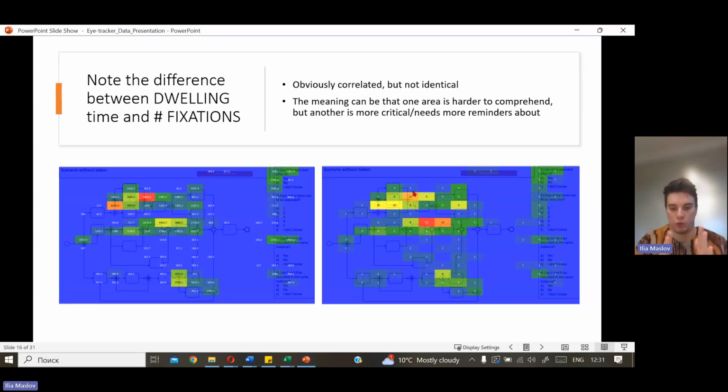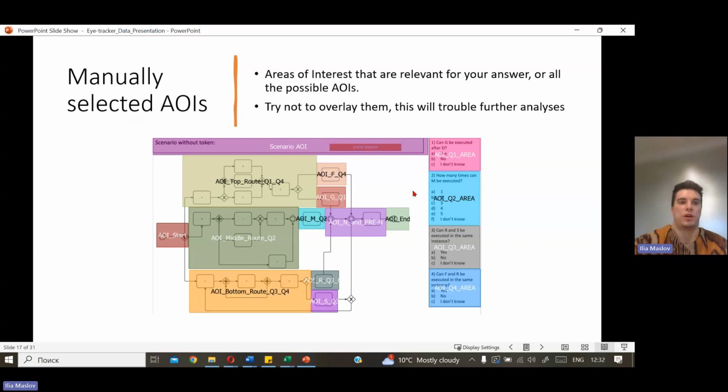It's not that you have to be ultra careful, but you should be careful about them. That's the most important thing. Then you have areas of interest. That's what I was explaining, that you have the correct area of interest, and then you can define it.